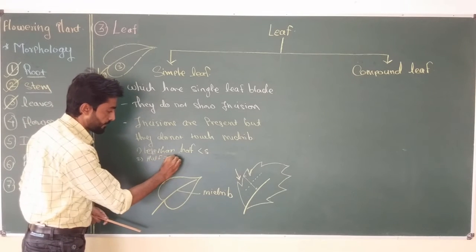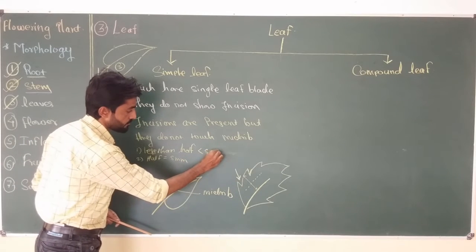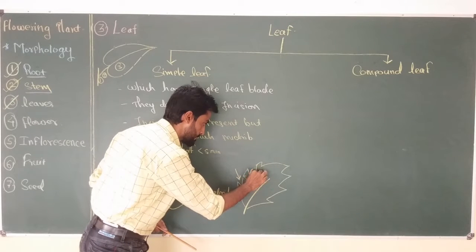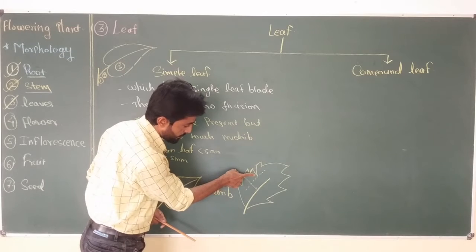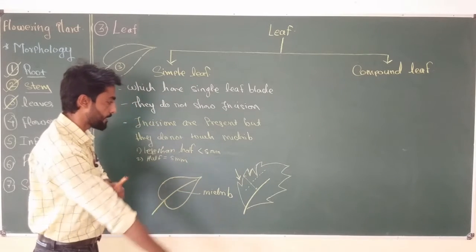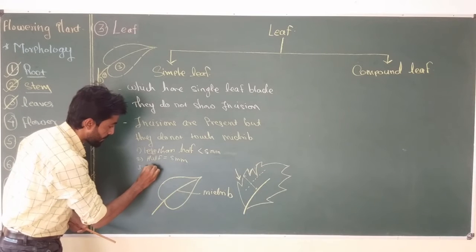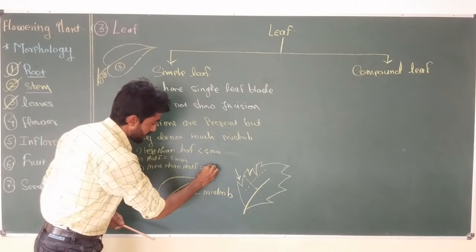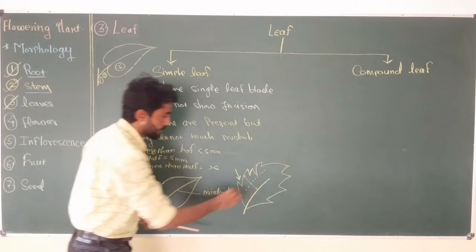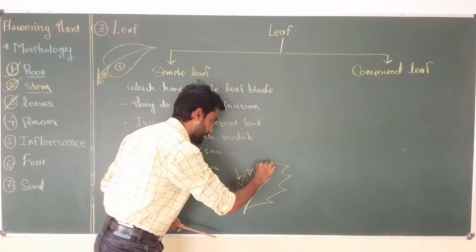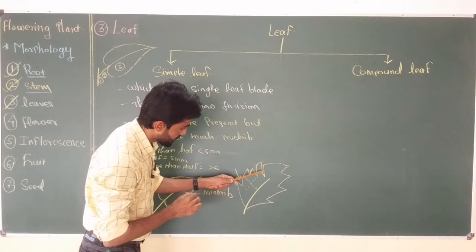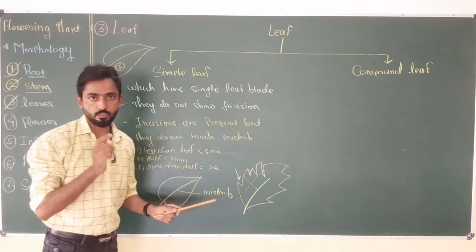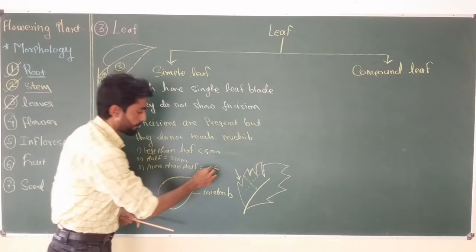In case of half incision, the length will be 5 mm. Suppose this is the incision and it goes exactly up to the middle line, so it is 5 mm. In case of more than half, the incision goes deeper and crosses this imaginary axis, so the length of the incision will be more than 5 mm.